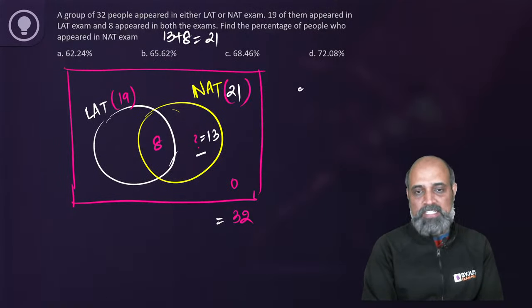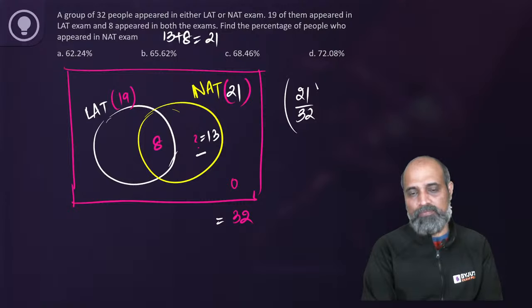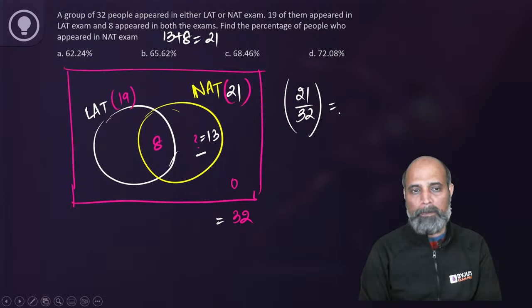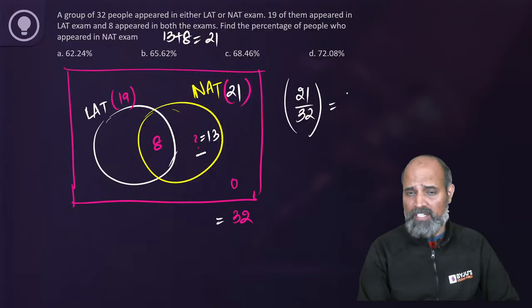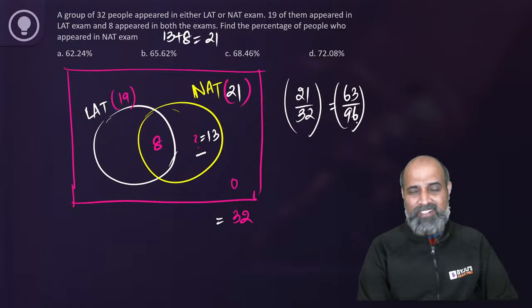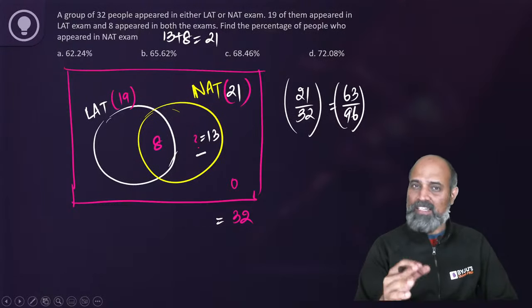So what percentage is that? 21 upon 32. See, 21 upon 32 can be written as 3 times 63 upon 96. If the denominator is 96, it's 63.